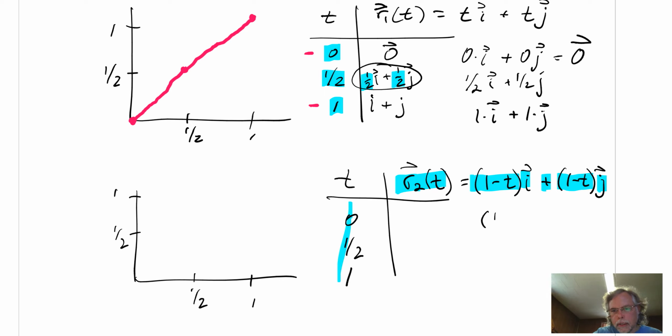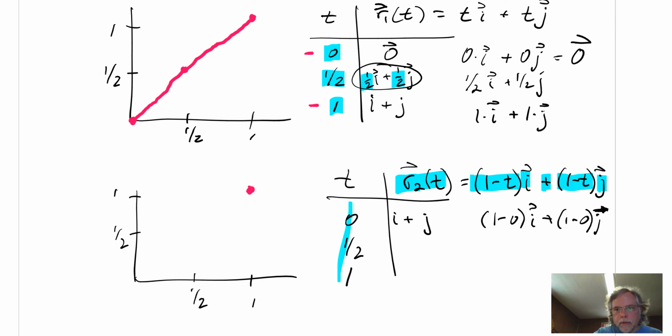We're going to plug that in, and we get 1 minus 0 times i plus 1 minus 0 times j. 1 minus 0 is 1, so this is i plus j. Now the terminal point of i plus j is, remember, i means 1 in the x direction, j means 1 in the y, so here we're starting here. That's the terminal point of i plus j, what I just plotted.